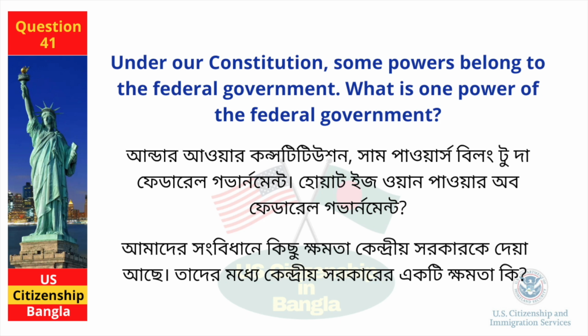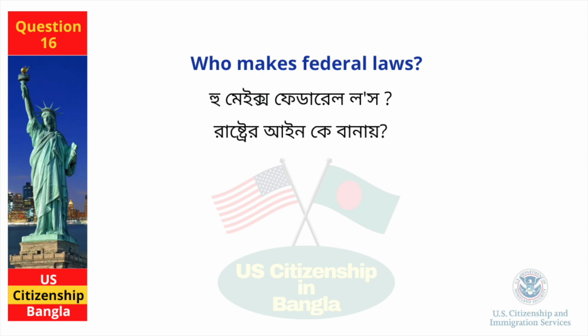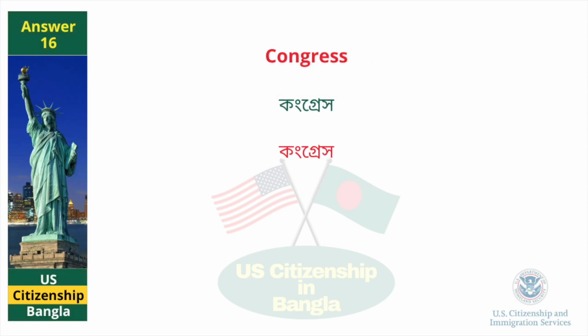What is one power of the federal government? To print money. Who makes federal laws? Congress.